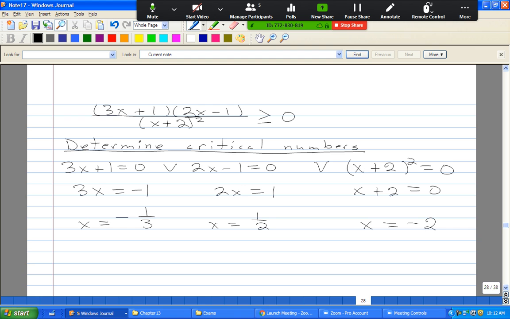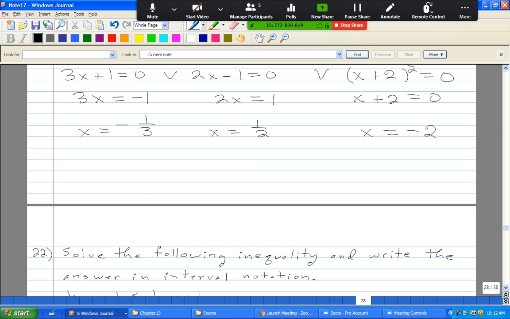Okay, so let me draw a number line. Let me place each of these numbers on the number line. And so I have negative 1/3, positive 1/2, negative 2.